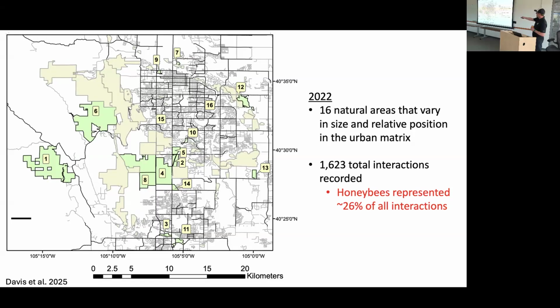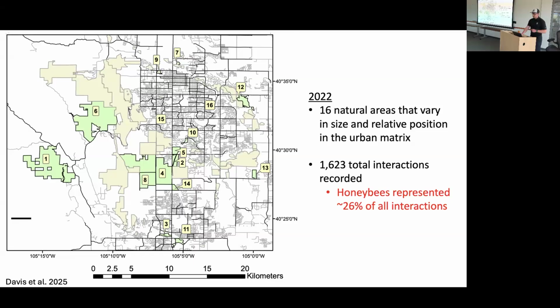Obviously the ones that are interior tend to be smaller, but some are completely urbanized sites, and others are larger areas that are a little further away and have more natural area around them. Nathan went out, and over the course of the entire summer, he was sampling bees from flowers. He recorded about 1,600 different interactions, and in that sample, honeybees represented about a quarter of all those interactions.